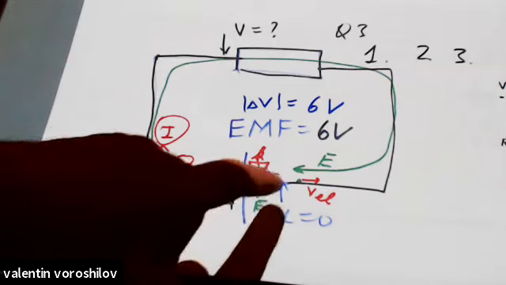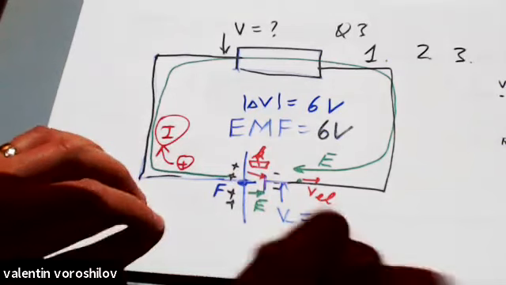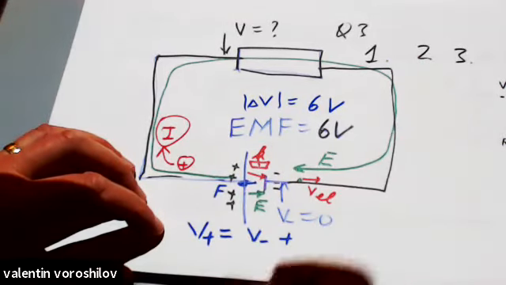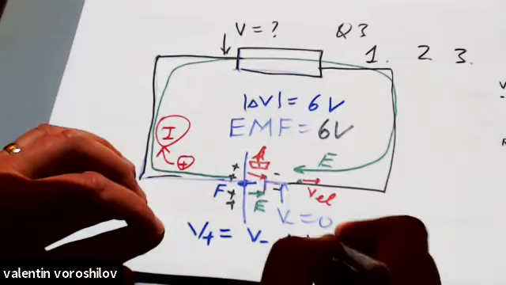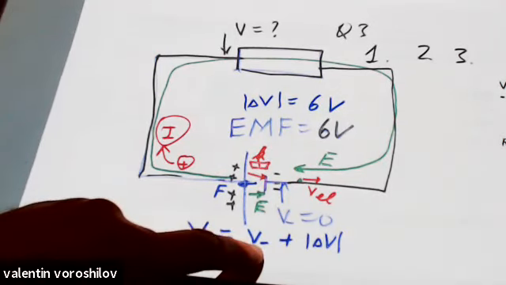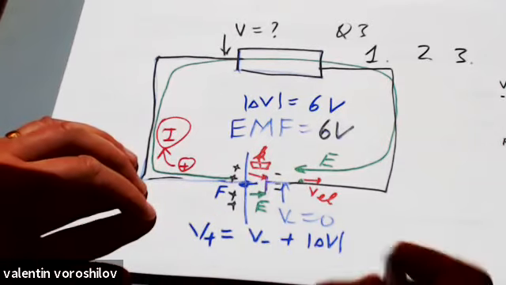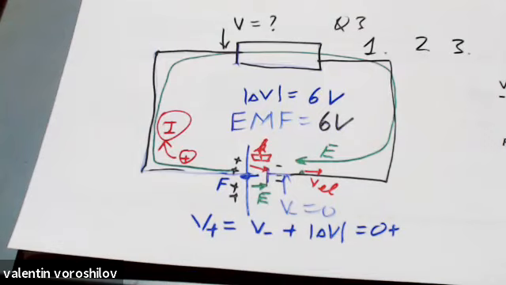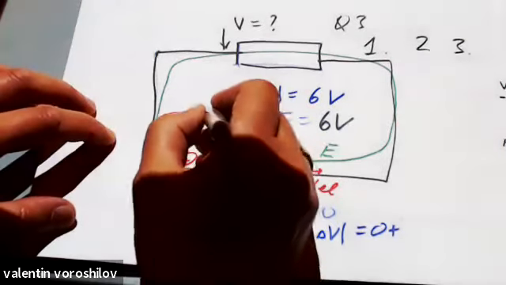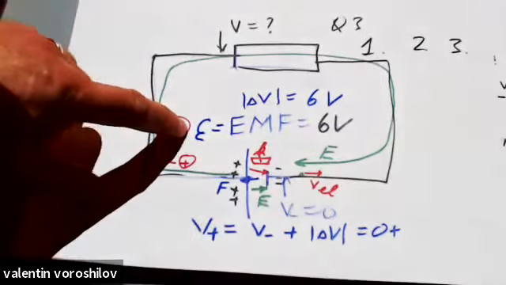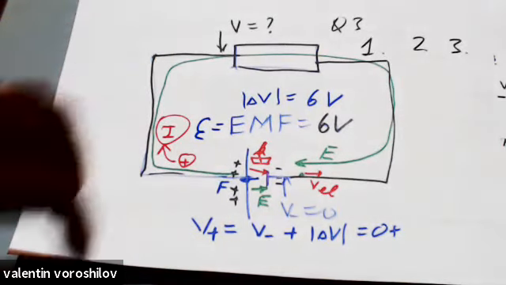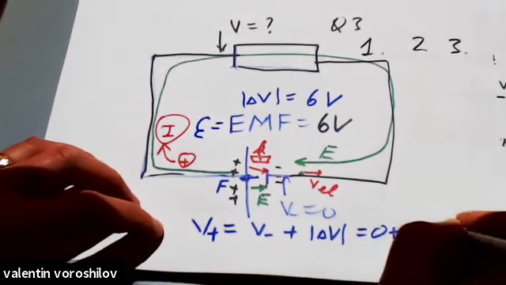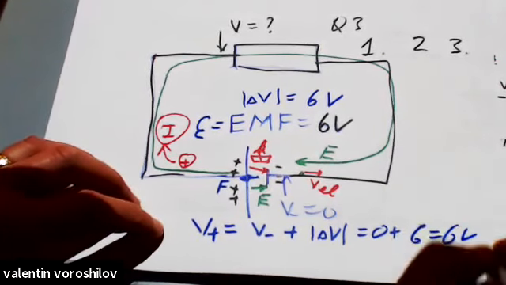And if this potential is set to 0, this potential V plus should be equal to low potential plus voltage, 0 plus, well, there is another symbol for EMF, the Greek letter epsilon. Now it's EMF, not dielectric constant or something else. So plus 6 volts.